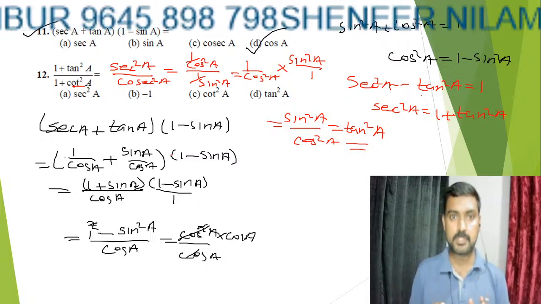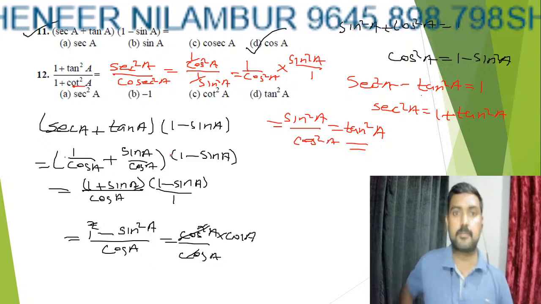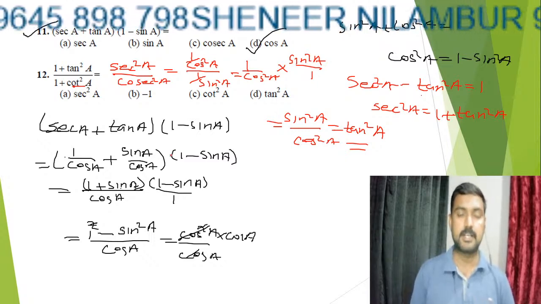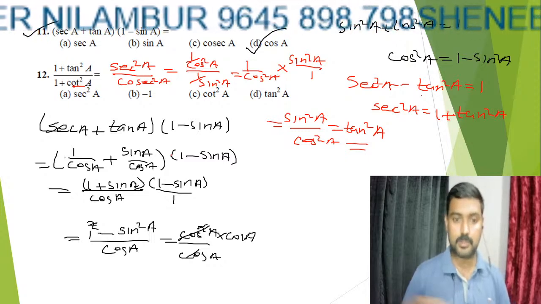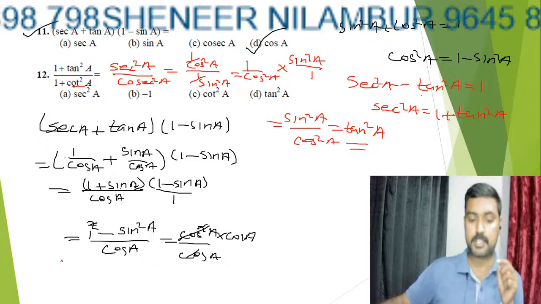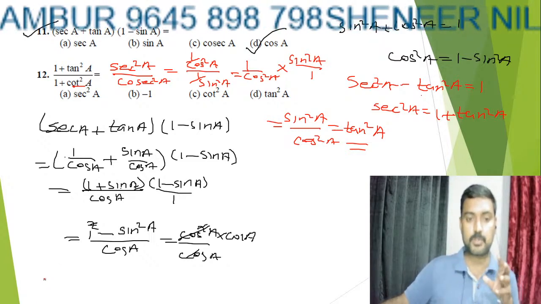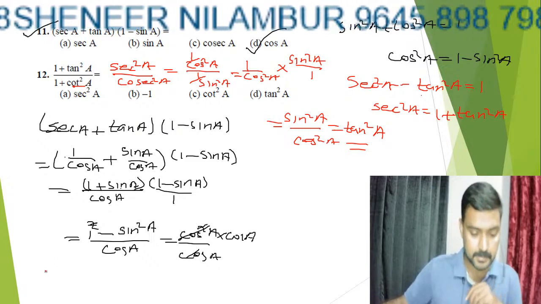Objective type questions can be selected from each and every corner of the chapter. So we have to study all the formulas, all the equations, and practice this type of question. Before I conclude this session, I ask you which chapter you expect next time. Most of the students suggest a particular chapter, it will be selected for tomorrow's session. Anyway, we will select all the chapters.